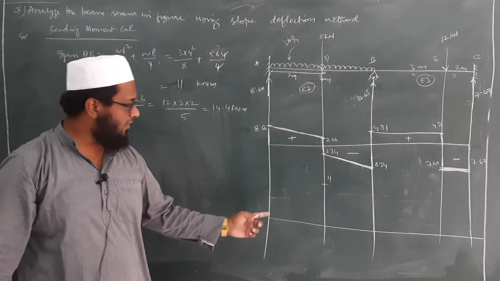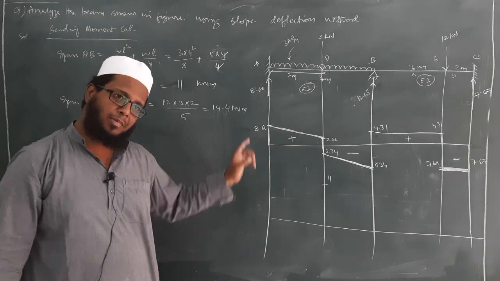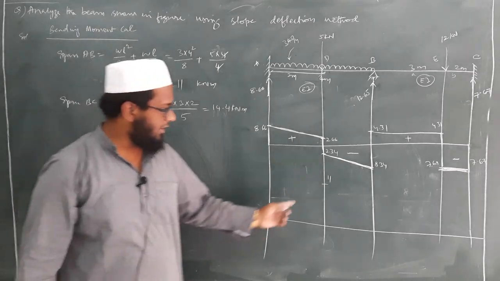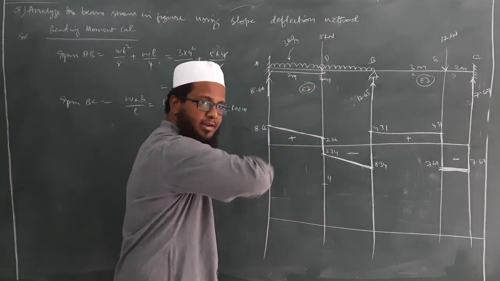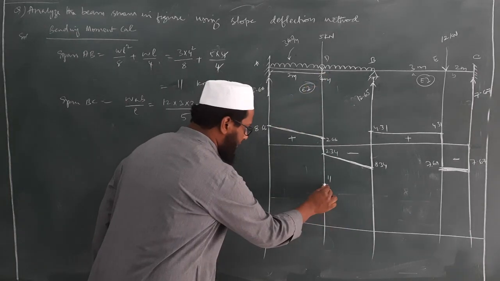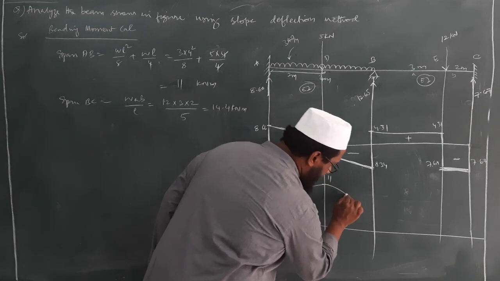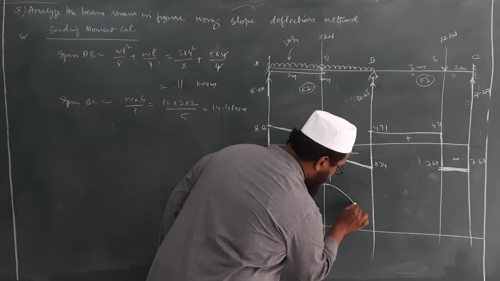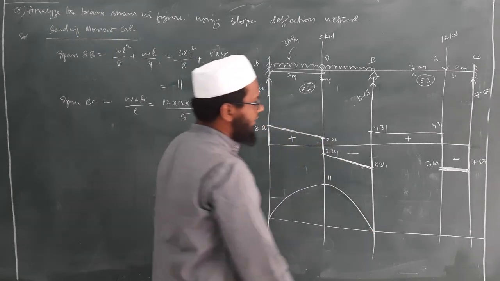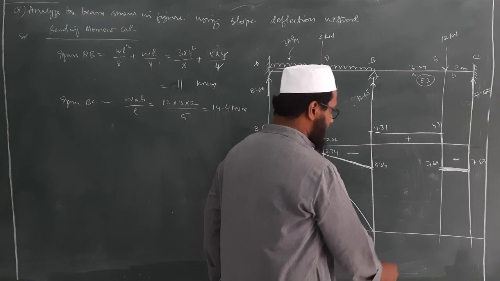Now my diagram will come as a parabola or inclined or what? It will become a parabola, right? So since we have a point load, don't take it as a triangle. This one will be a parabola. Then here, what is the value? 14.4.